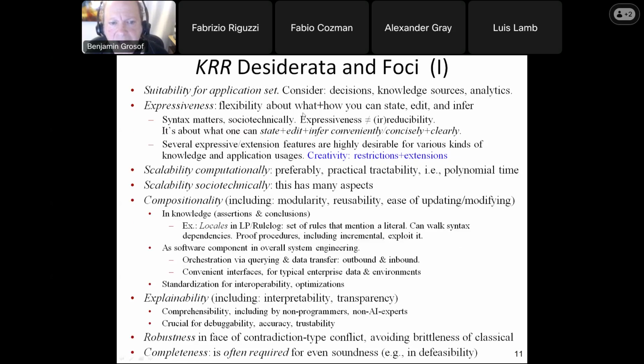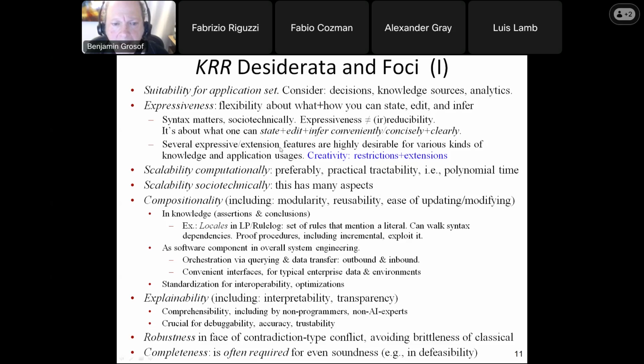Expressiveness is essentially flexibility about what and how you can state, edit, and infer knowledge. Syntax does matter socio-technically. It's not the case that expressiveness is essentially the same as irreducibility or reducibility in a formal or mathematical sense. It's about what one can state and edit and infer in a way that's convenient, especially concise, as well as clear.